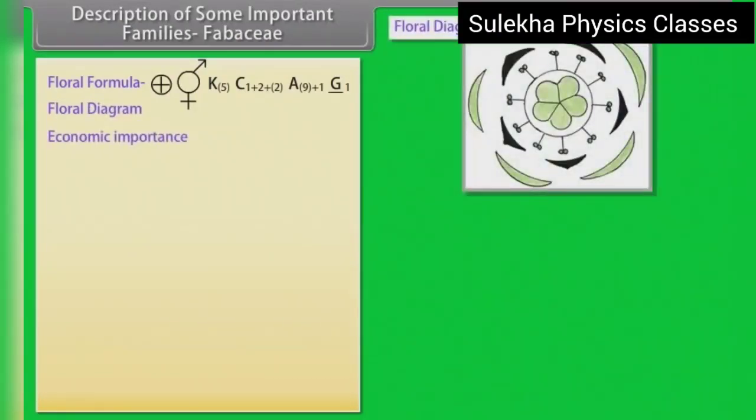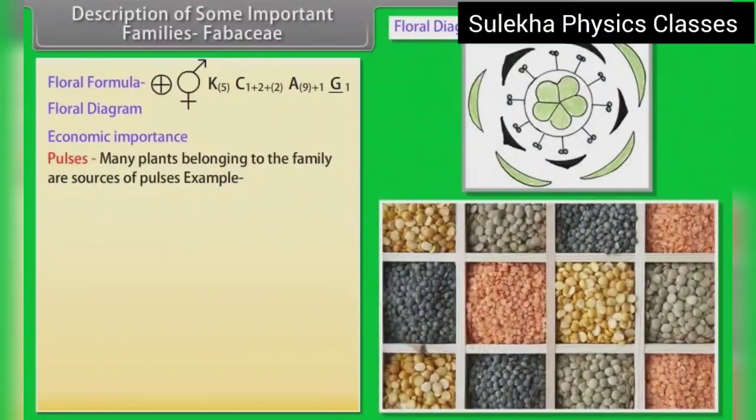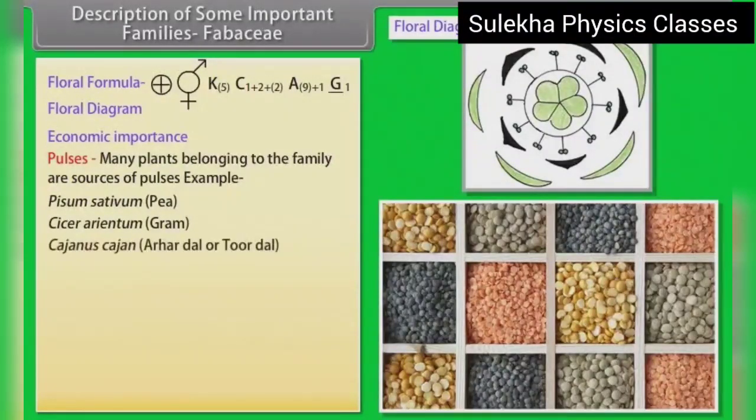Economic importance. Pulses. Many plants belonging to the family are sources of pulses. Example: Pisum sativum, pea. Cicer arietinum, gram. Cajanus cajan, arhar dal or tur dal.